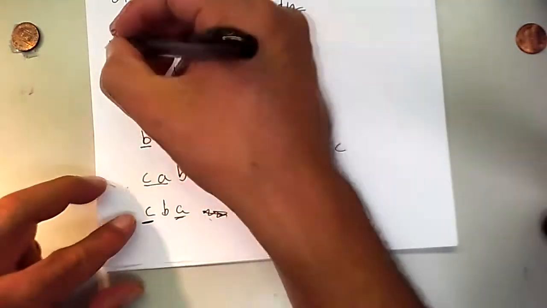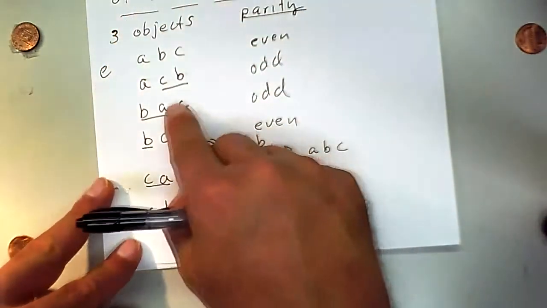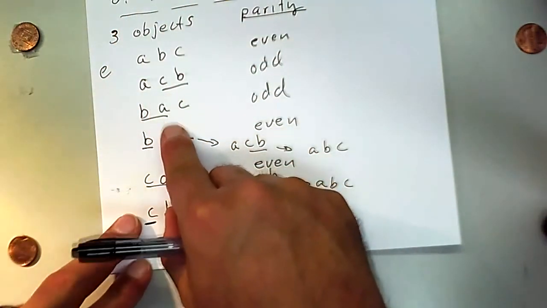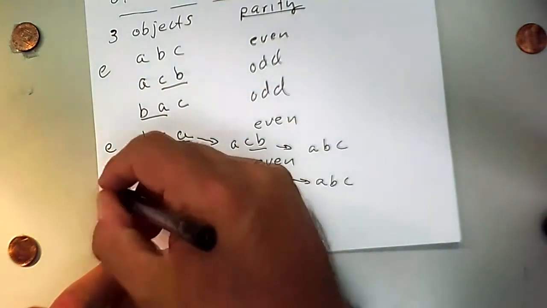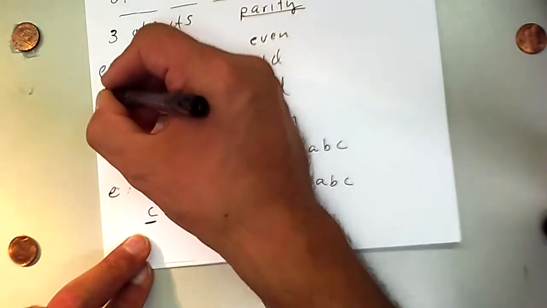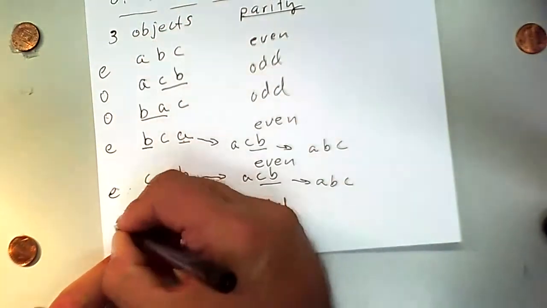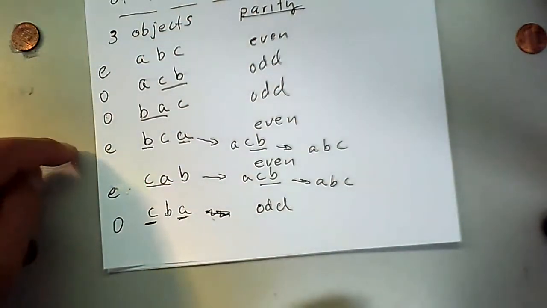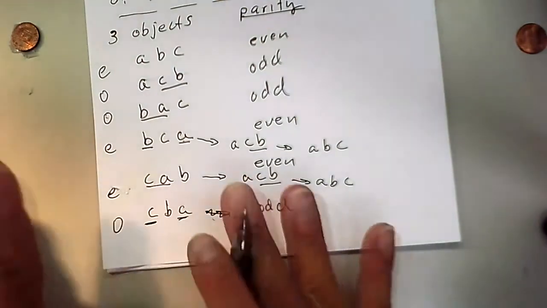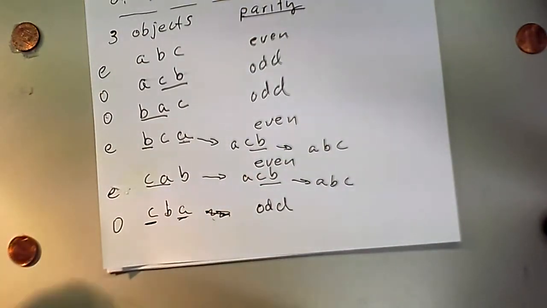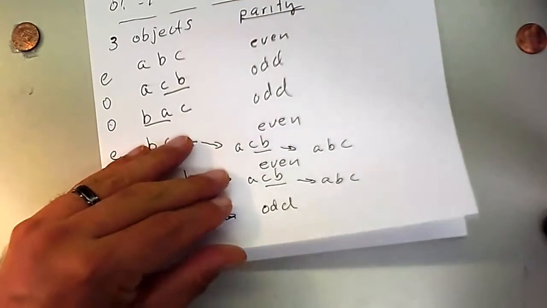Even, I'm going to put an E for even, odd, odd, even, even, and then odd. So we have 3 even and 3 odd permutations. Excellent. And we can rearrange always permutations into even and odd.